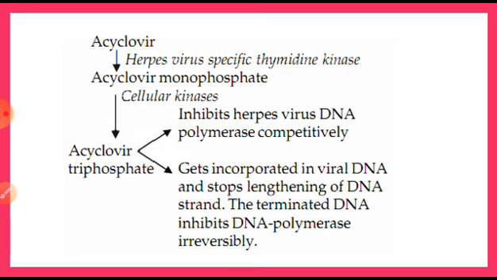It has been exchanged. Incorporated acyclovir triphosphate lacks the 3' hydroxy group required for chain elongation. Now you know that the growth always happens at the 3' end. So when there is no 3' hydroxy group, what is going to happen? No chain elongation, right?